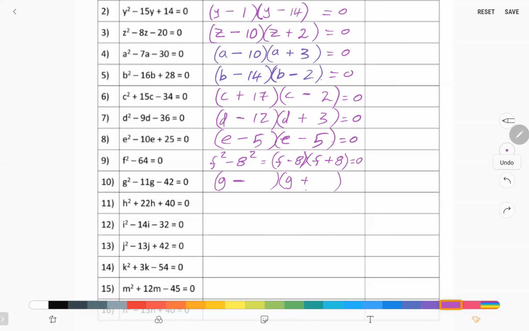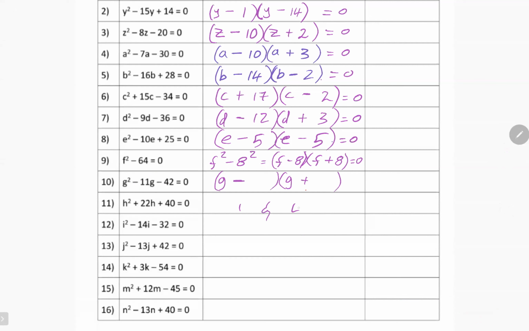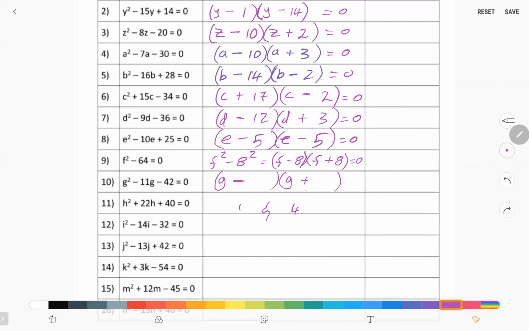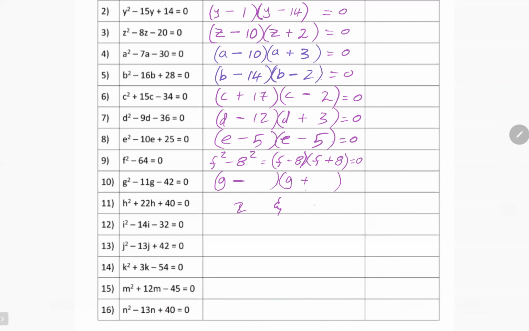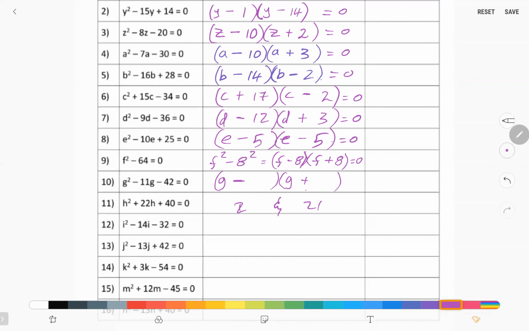All right, so we can try factors. So factors of 1 and 42. The difference is 41, so I don't want that. Then 2 and 21. The difference is 19. All right.